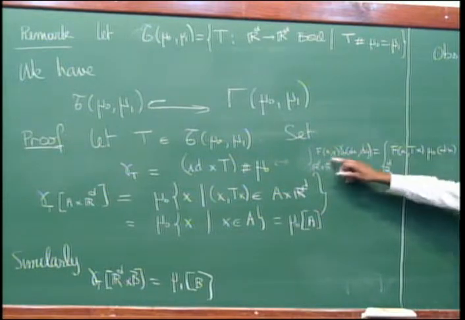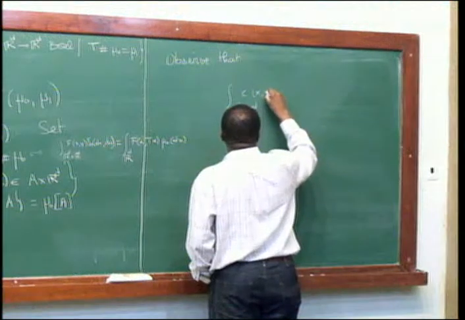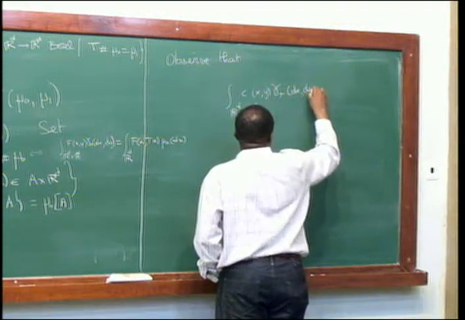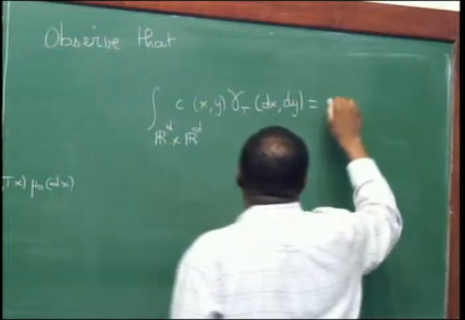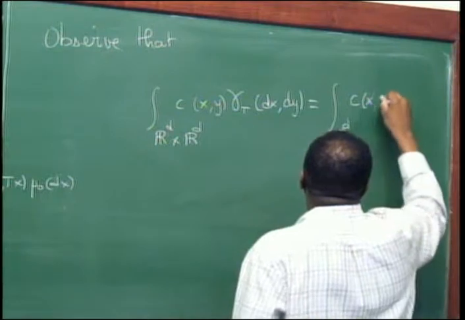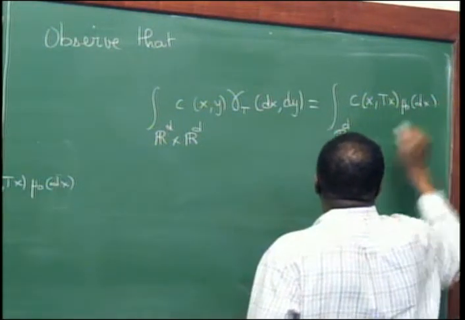Now let me replace f by c. I'll have the integral of c of x, y, d gamma_T, dx dy, equal to the integral over R^D of c of x, T of x, d mu naught, dx.